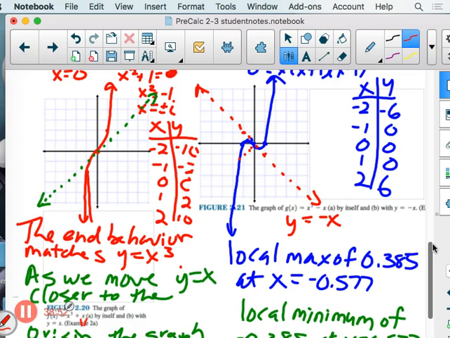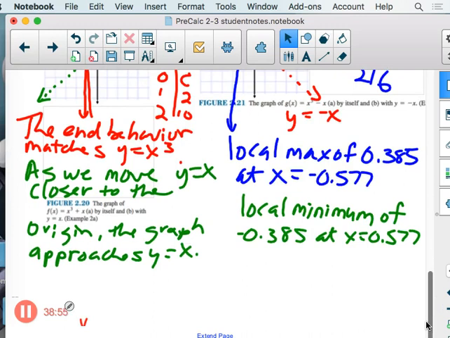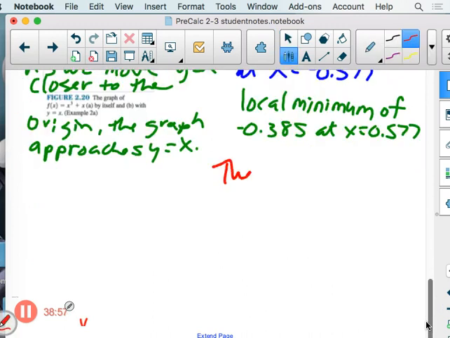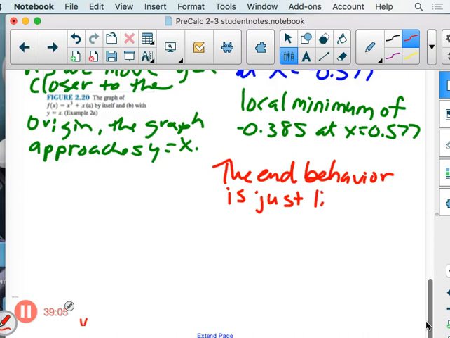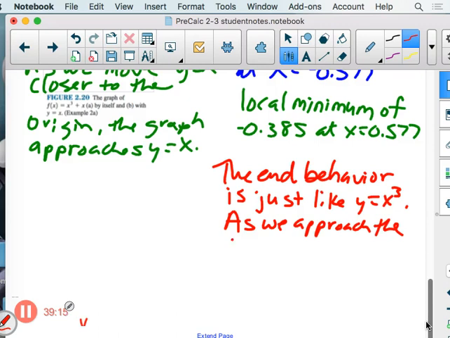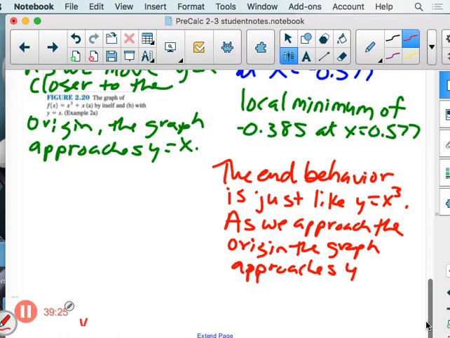So when we explain it, we're going to say the end behavior is just like y equals x cubed. But as we approach the origin, the graph approaches y equals negative x.